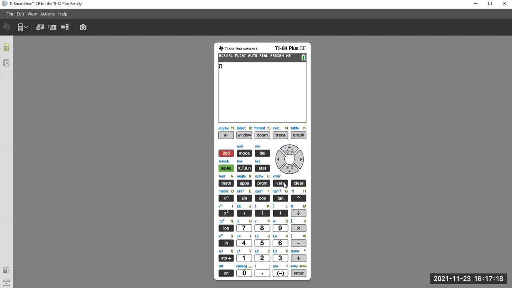And second to distributions. There's my inverse normal. The area I am interested in is 0.05 divided by 2. That's just the area in one of the tails. And I'm going to use the left-hand tail because some students may not have access to this version.